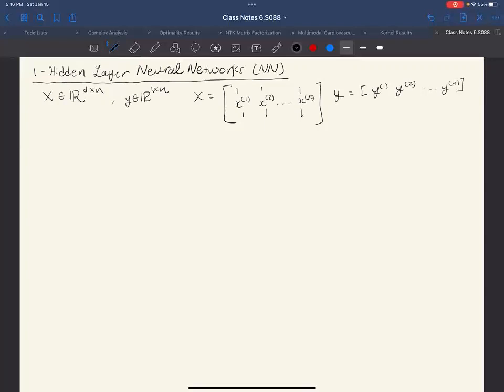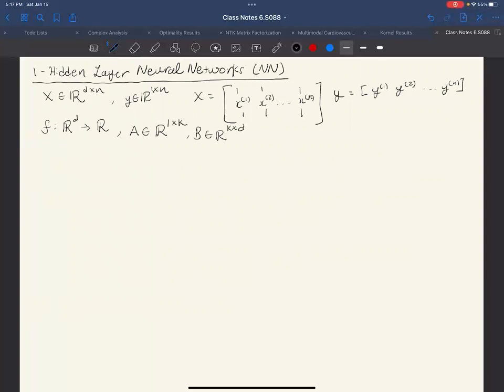Now, a neural network, for now one hidden layer neural network, is going to be a function from R^d to R, but now we need to parameterize the function. And how do we do this? Well, we're going to come up with two matrices, A, which is a 1 by k matrix for some positive integer k, and B, a k by d matrix.